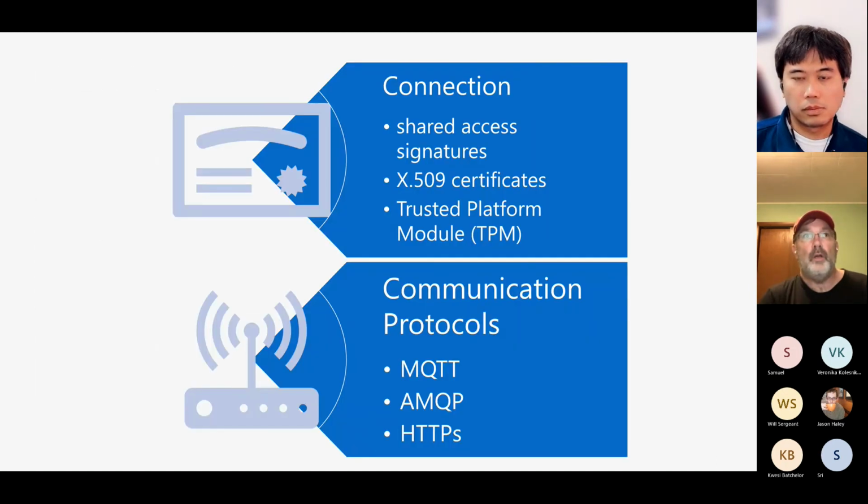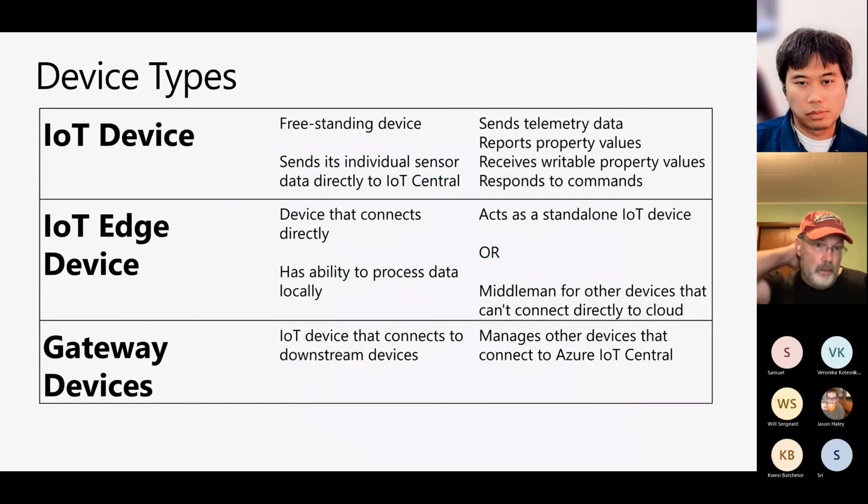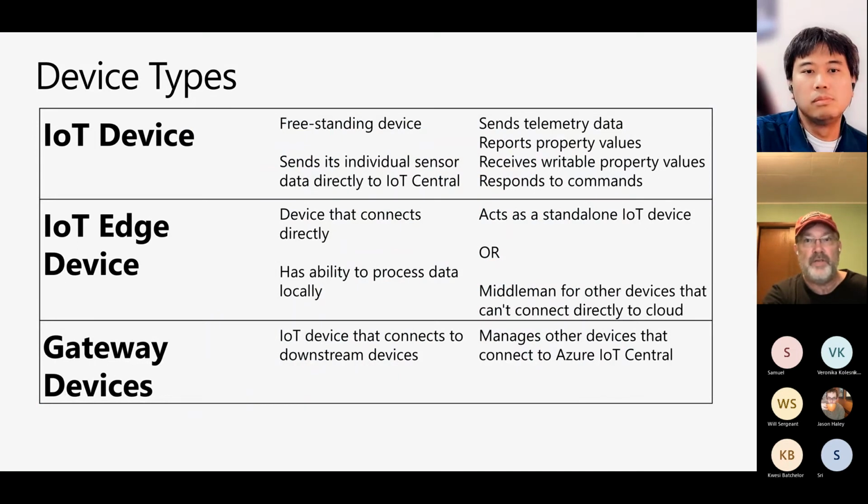I had a question, Ron. Yes, sir. Hey, Bill. You might have just answered it. I was thinking of the question when you were on the IoT Edge device section. You talked about that being potentially a middleman for other devices that can't connect directly to the cloud. I guess a gateway sounds similar to that too.